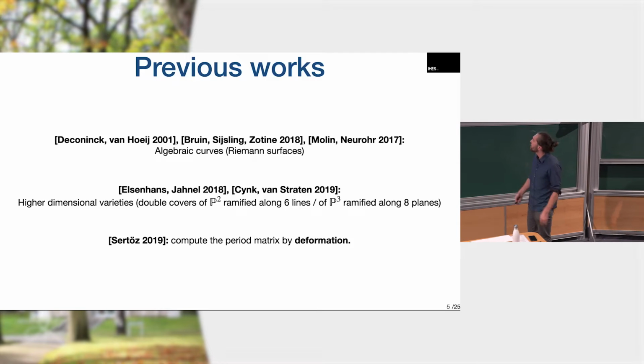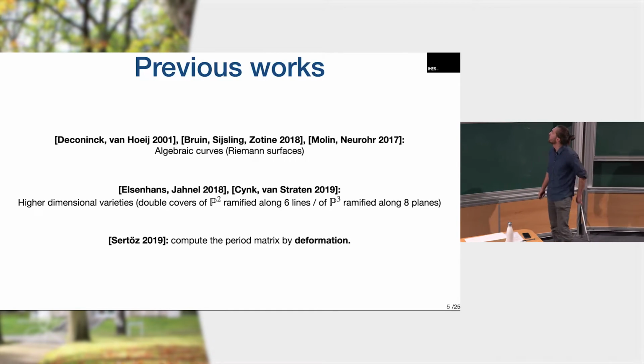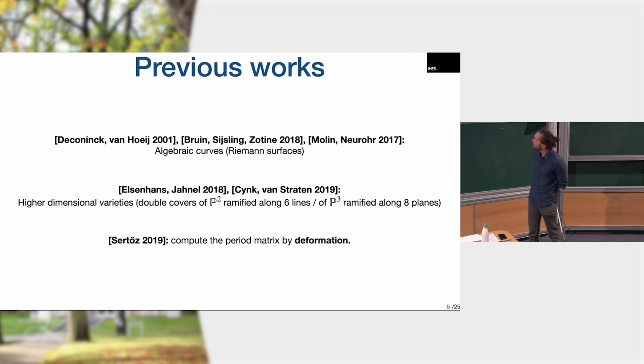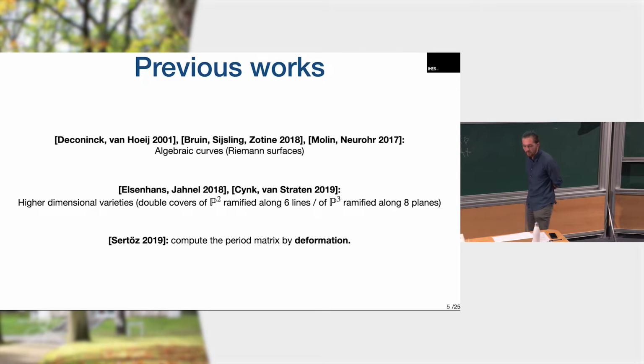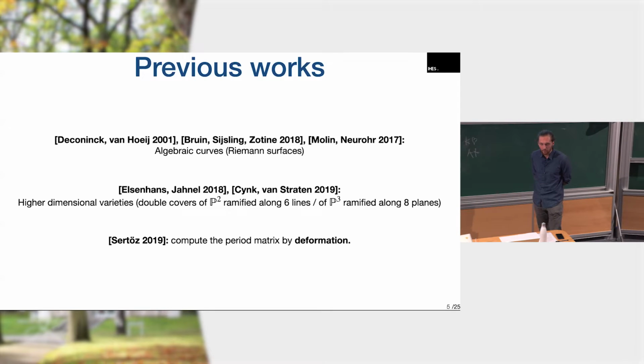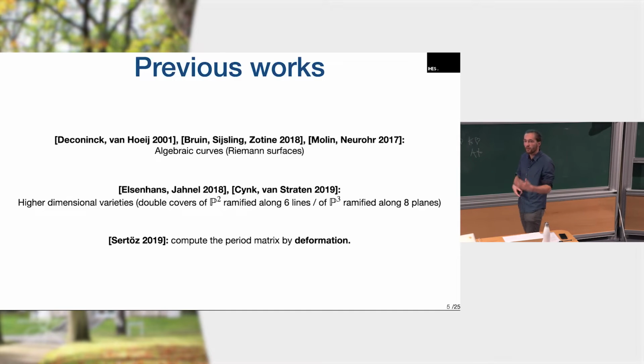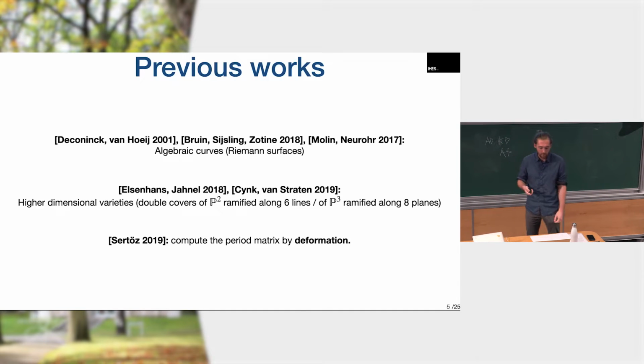But in the case of Riemann surfaces, this is the same thing as computing Riemann matrices of these Riemann surfaces. In higher dimensions, there are two papers which deal with the case of some higher dimensional varieties, namely double covers of some projective space ramified along some union of hyperplanes.